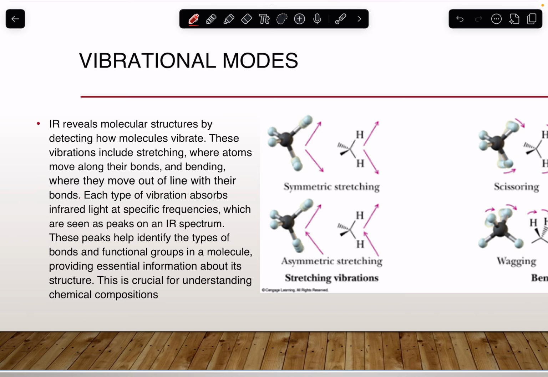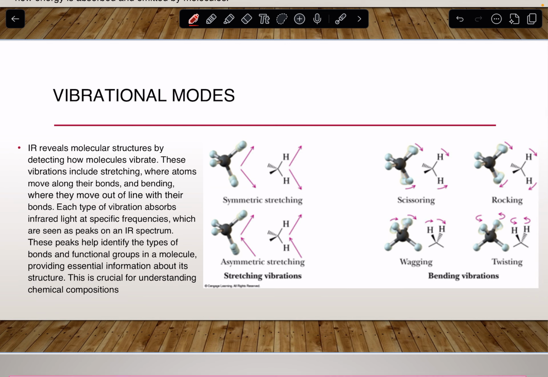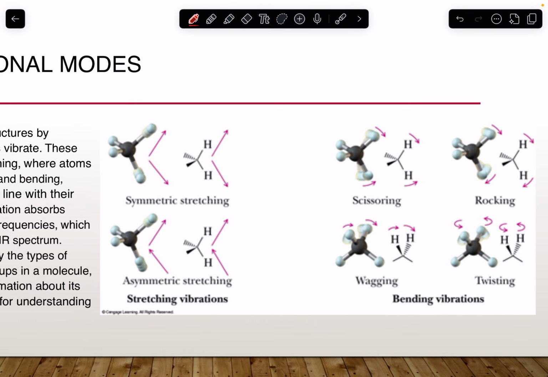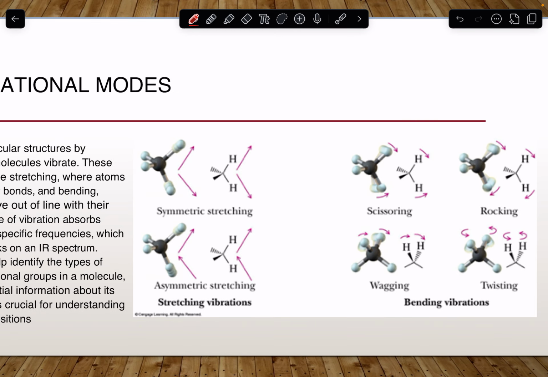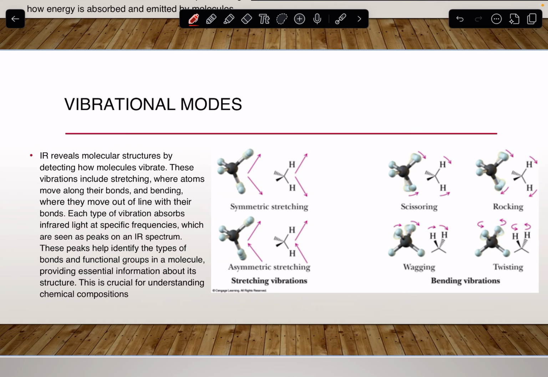This pretty much tells you why, if you have any foundation in IR, some IRs look like this, some are spiky, and you have all types of different-looking IRs. This is the reason why: each IR moves differently, even if it's the same shape. It's actually pretty cool. Each vibrational mode will give you a different shape on your IR, because each mode absorbs different frequencies.